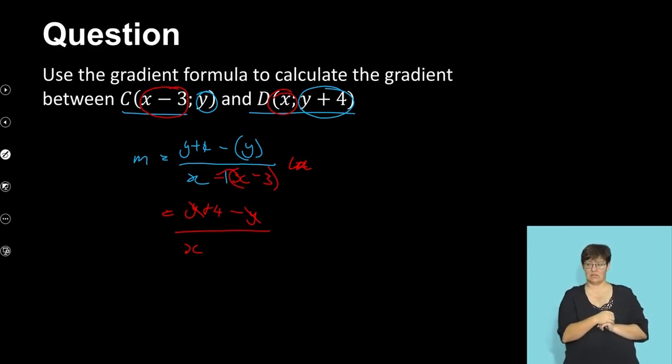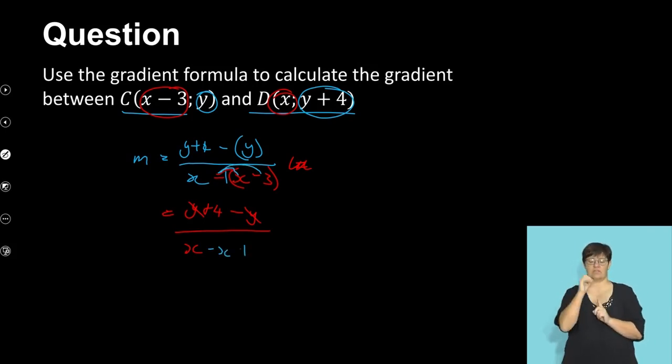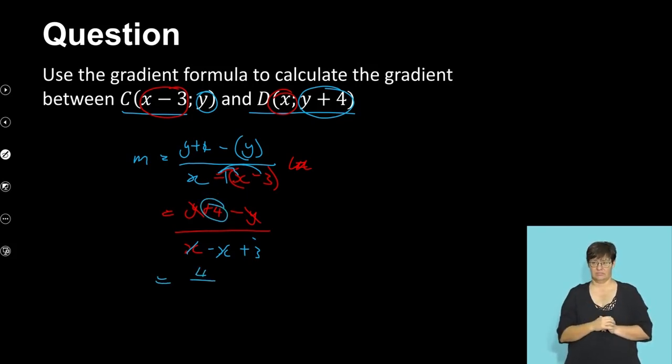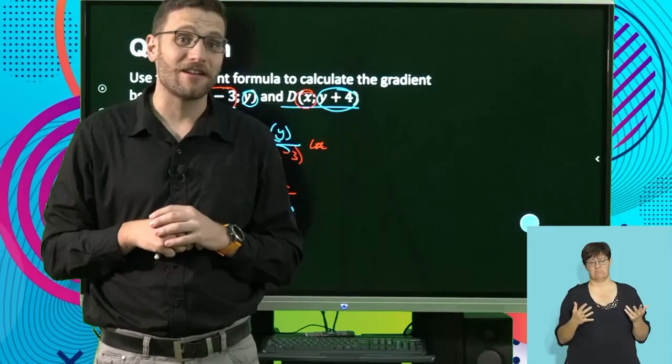And so I'm going to go -1 times x is -x, and -1 times 3 is +3. The x's will cancel out, and what's left at the top is a 4, and what's left at the bottom is a 3. And so my gradient of these 2 points is 4/3, and it doesn't matter that it's not a nice number.